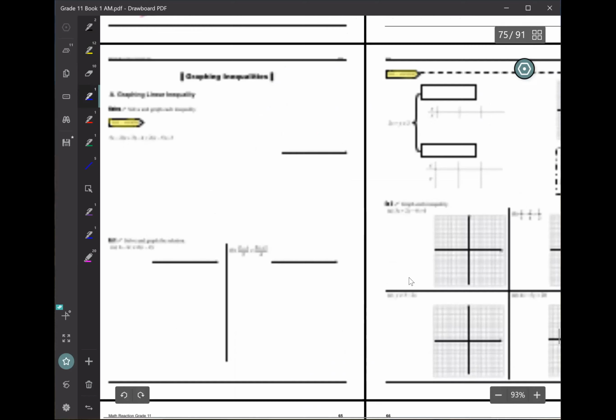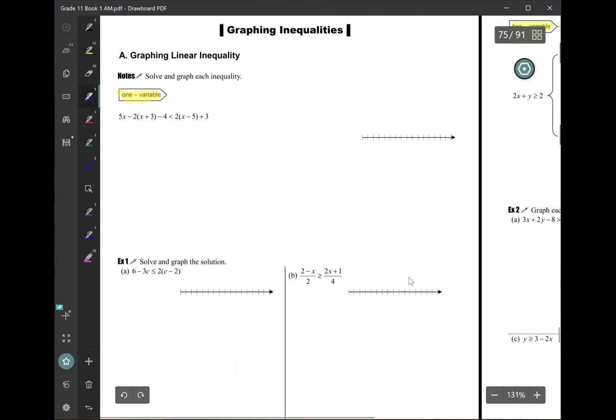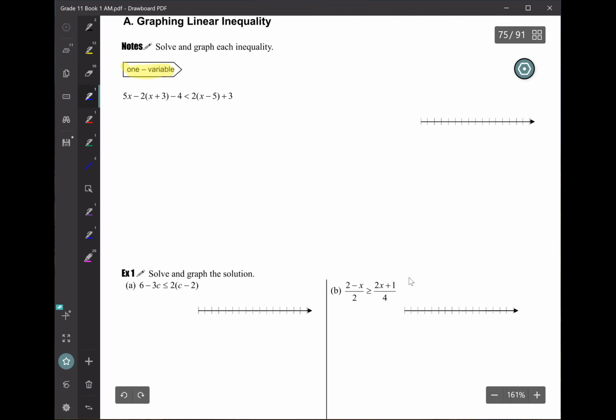And one variable. This one you should have seen in an earlier year, maybe grade 9 or 10. So you just need to isolate x. But because it's an inequality, we need to know when we need to flip the inequality sign, right? Right now, this one is the less than. But sometimes we need to flip it.